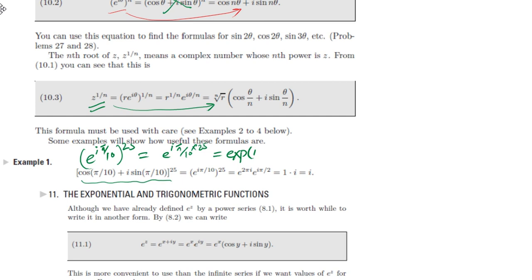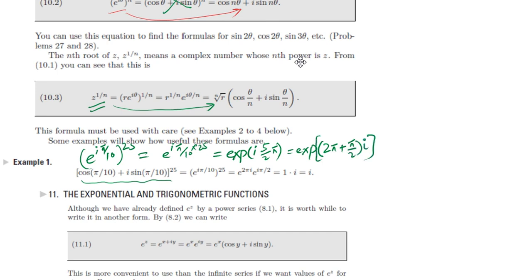iota, that is 5 over 2 pi, and that is equal to exponential of 2 pi plus pi over 2 iota.